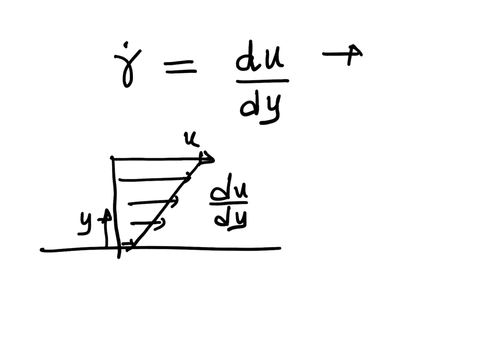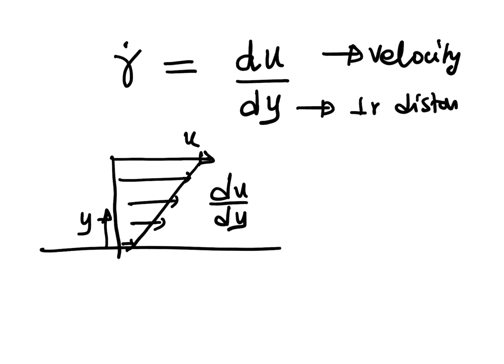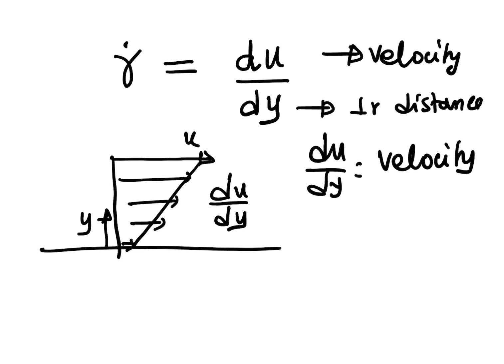So this is a velocity, this is the perpendicular distance, and this quantity du by dy is also called the velocity gradient.